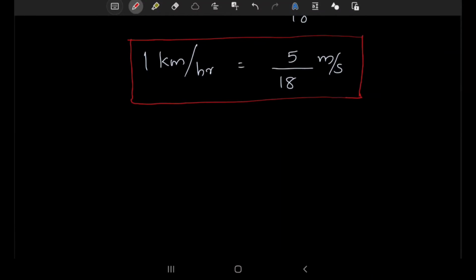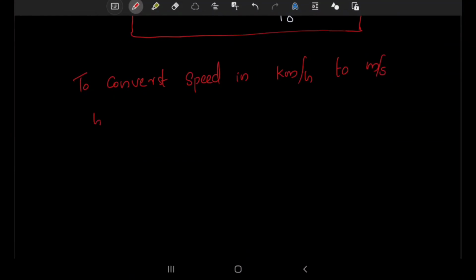So we can write like this: to convert speed from kilometer per hour to meter per second, multiply it with 5 by 18.